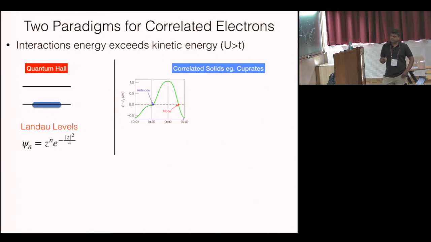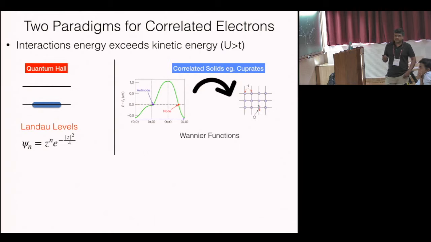The complementary picture is solids like the cuprates. Again there is the kinetic energy and a competition, U and T. But here you have a completely different approach. You take the band that has strong interactions and start in momentum space, which is reminiscent of wave functions like this. But then you Fourier transform and go to real space, writing down these Wannier functions.